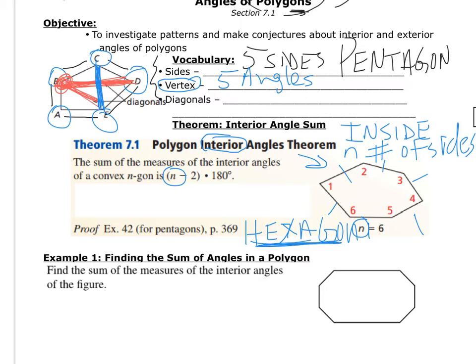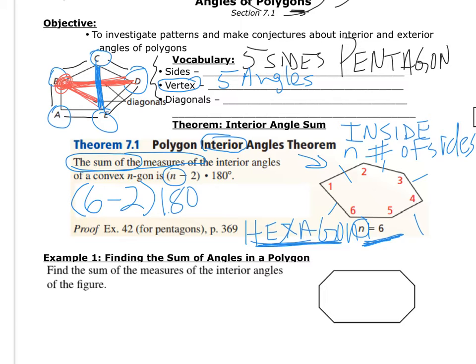Again, the equation to find the total degree measure of all the angles in the object is n minus 2 times 180. Well, we know how many sides we have. We have 6. So since we know what n is, we're going to plug in 6. 6 minus 2 times 180. Now, we've got to do order of operations first.